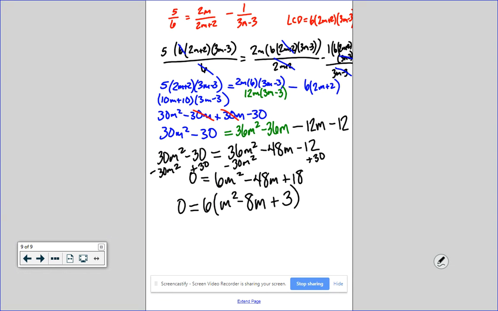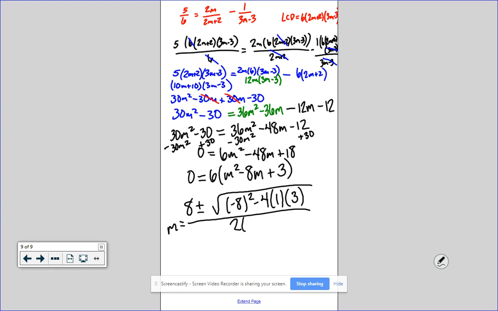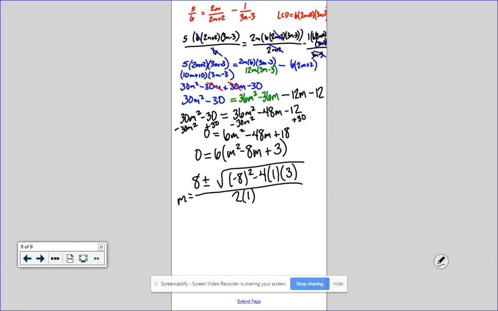Opposite of B, plus and minus the square root of B squared minus 4 times A times C, all over 2 times A. Now notice I do not use the 6 as any of them because I pulled that out of all of them.